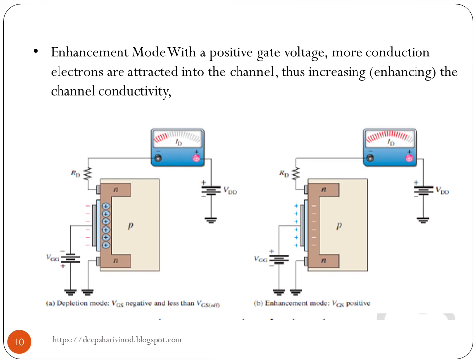In the case of the D MOSFET, it is then operating in the enhancement mode. So what happens is that when the gate is positive, the electrons get attracted. More conduction electrons are attracted into the channel, thus increasing the channel conductivity.